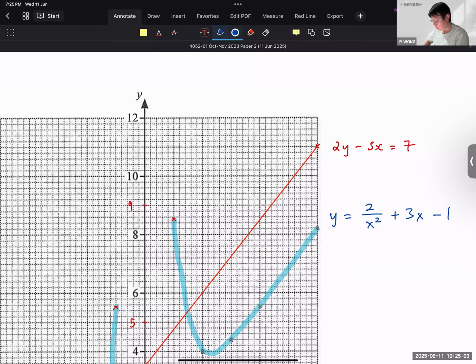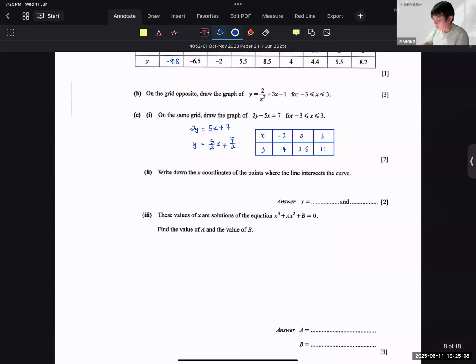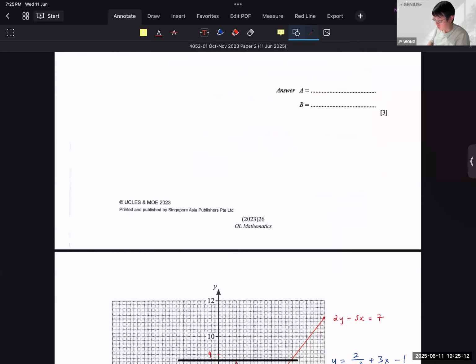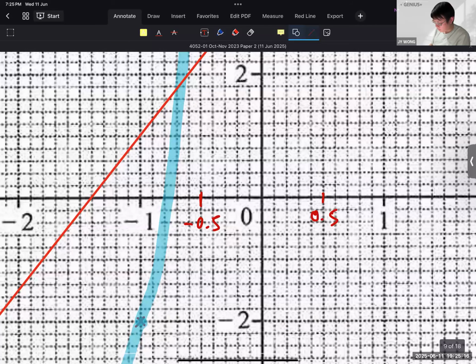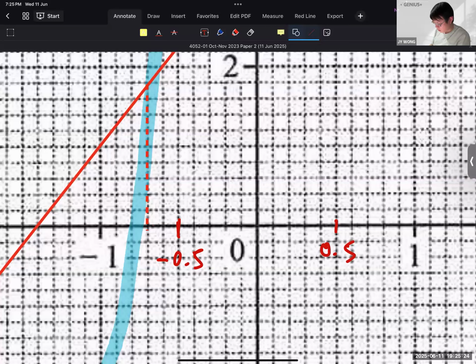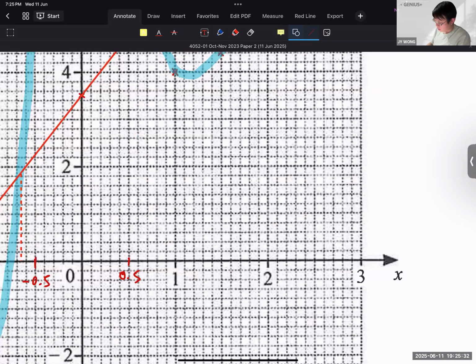Okay? Then the question asks you to read off the x coordinates of the points where the line intersects the curve. My values will not be very accurate because I'm freehanding it too much. But roughly, this is just a very, very rough estimate.